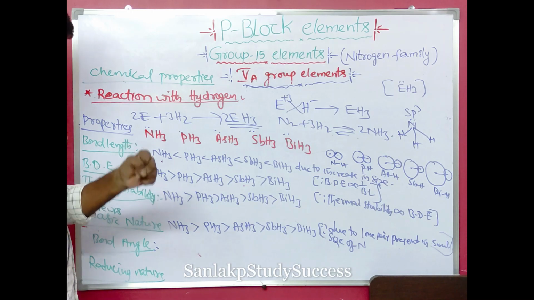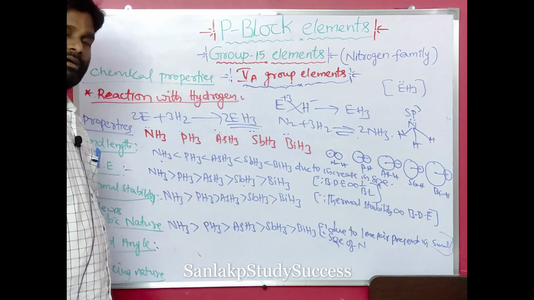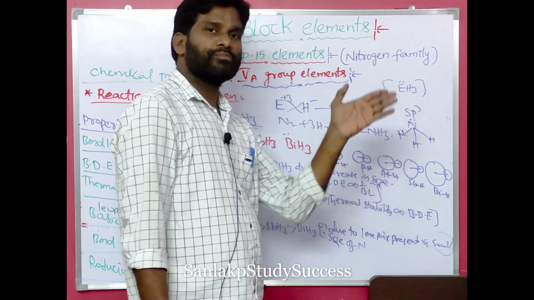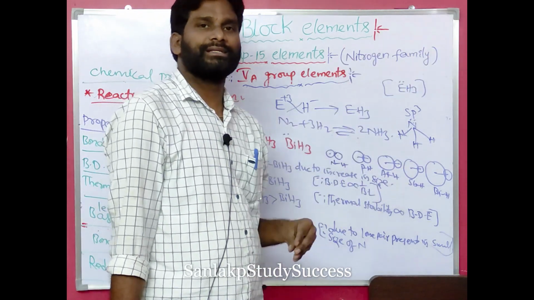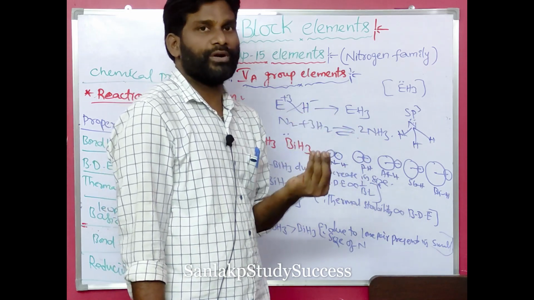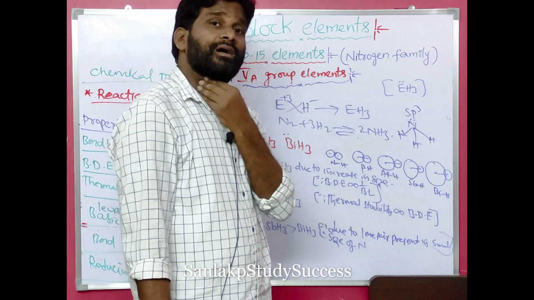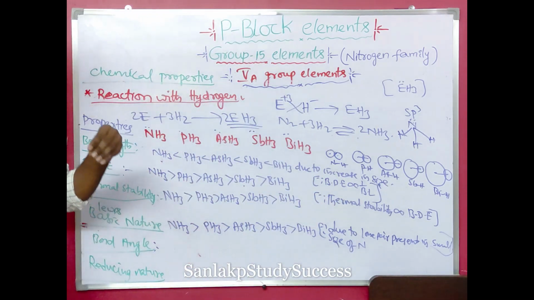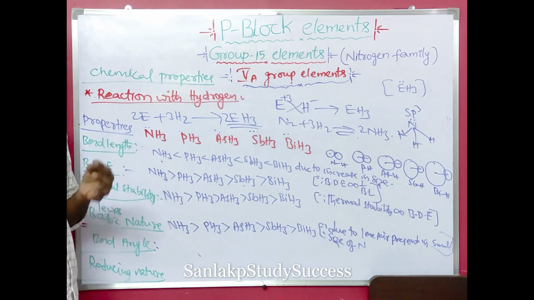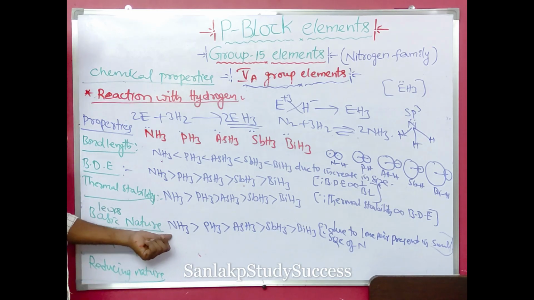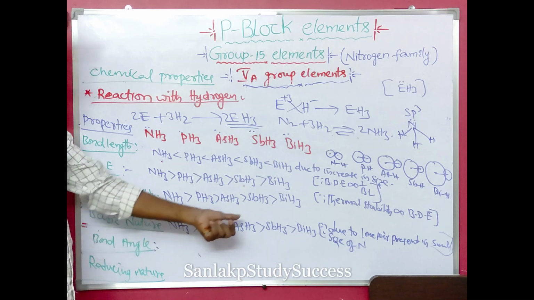Which has more bond angle? Ammonia, because we know that if the size is more, the bond angle decreases. As the size of the central atom increases, the bond angle decreases. In these hydrides, the one with more electronegativity has a larger bond angle. Nitrogen has more electronegativity in these hydrides.